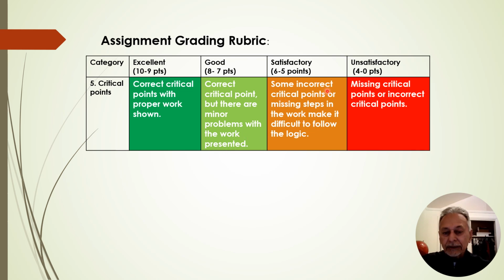You get 5 to 6 points if some critical points are incorrect or missing, and or there are missing steps in the work, making it difficult to follow the logic. If the critical points are completely missing, or they are incorrect critical points, then you will get 0 to 4 points.